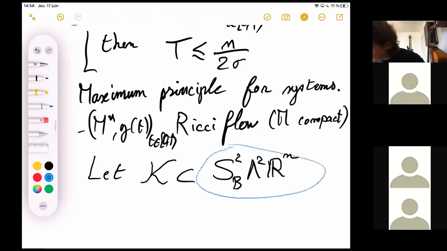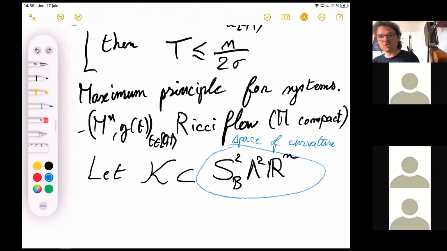What is that set? It is the space of curvature operators. By that I mean 4-tensors, or 2-tensors actually, which have the same symmetries as the curvature operator. The antisymmetry here means you can exchange the first two entries while changing the sign. The symmetry is that R_xyzt is equal to R_ztxy, and the B stands for the Bianchi identity.